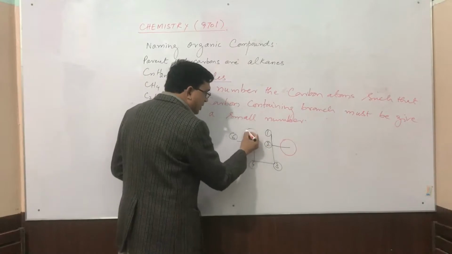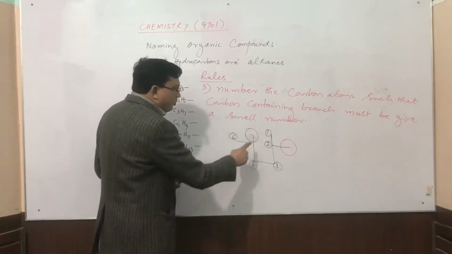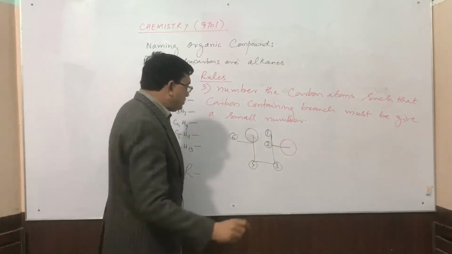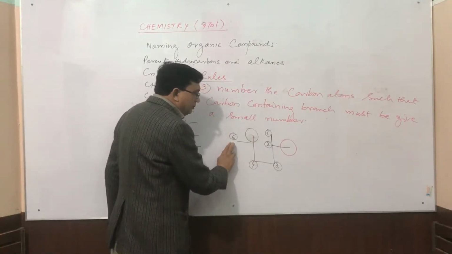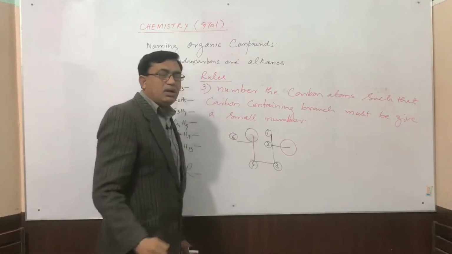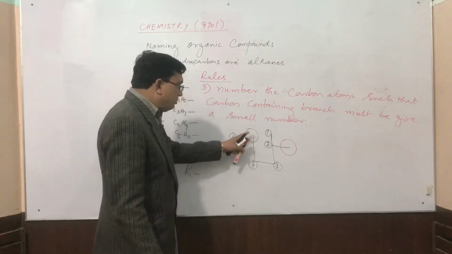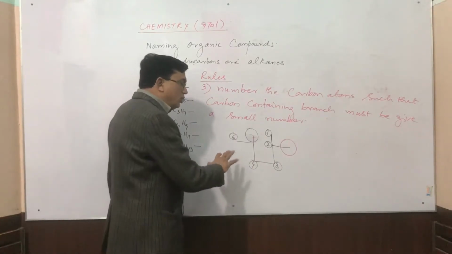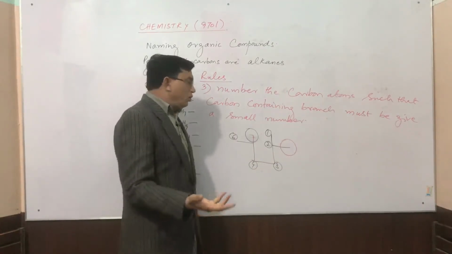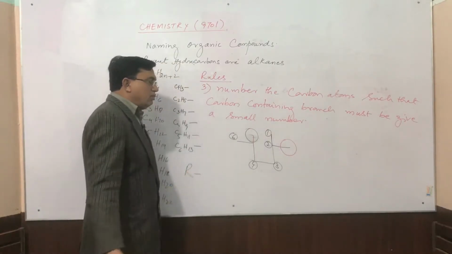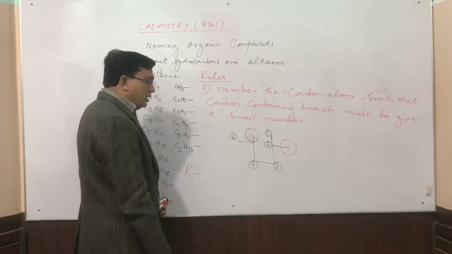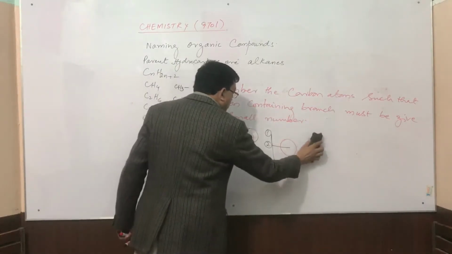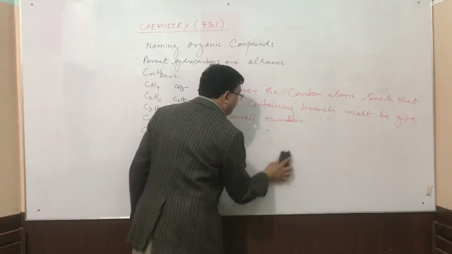If this is a branch, then definitely from this side the second number carbon atom contains a branch, and if we number from this side, then again the second number carbon atom contains a branch. If this situation occurs, then no doubt, we can assign numbers from either side, and then we can name the organic compound.